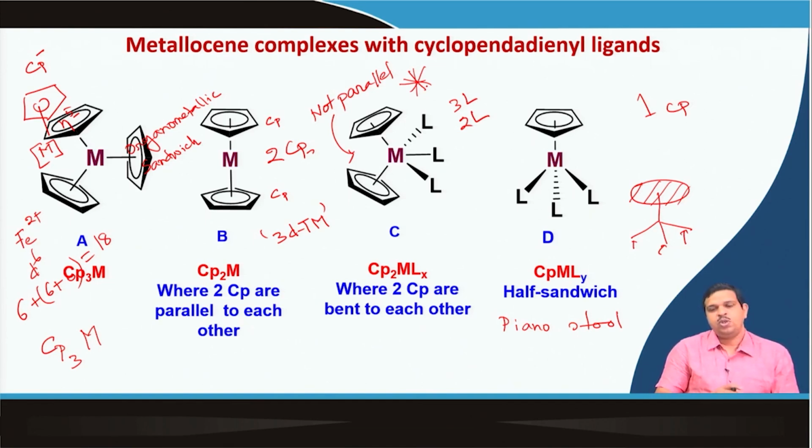Okay, then we will try to understand the bonding and reactivities with the bent metallocene compounds. So the catalyst we are interested to learn and to understand the reactivity and the mechanism is basically based on the bent metallocene compounds.